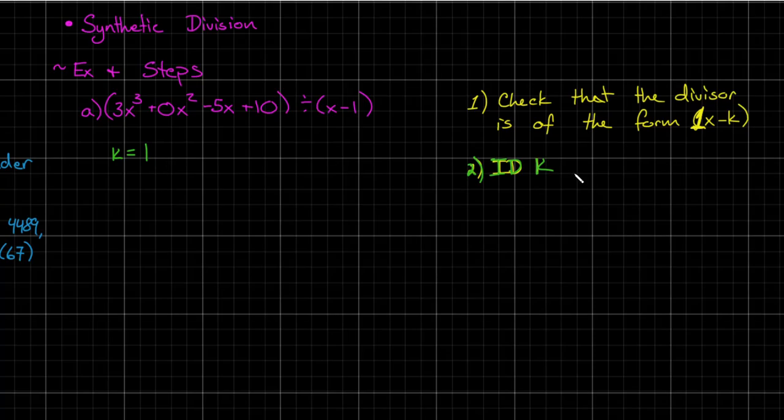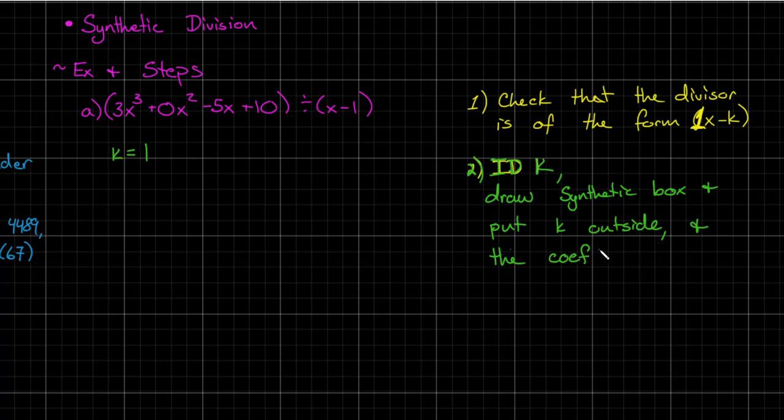Yeah. Beyond that, we need to draw. There's going to be 3 things in this. Identify K, we've done it. This one, you'll have no idea what to do at first. We're going to draw our synthetic box, and put K outside and the coefficients of dividend inside.